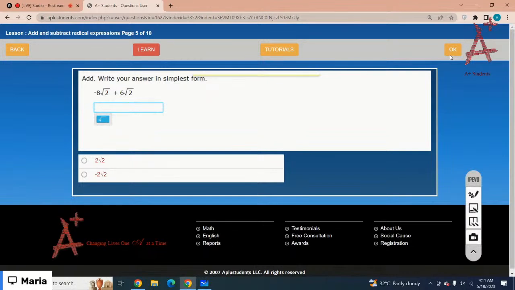So the correct option is negative 2 square root 2. The second option is the correct one.